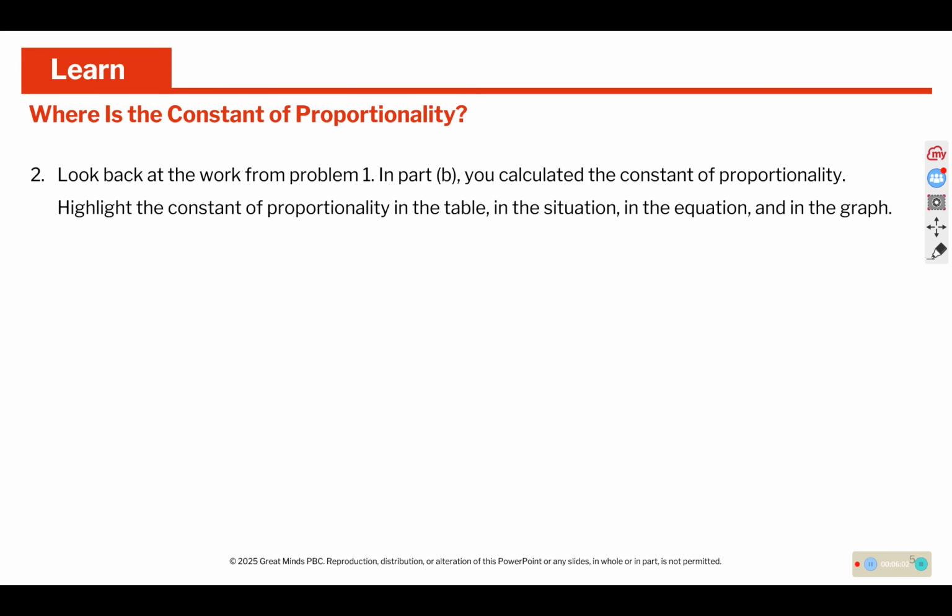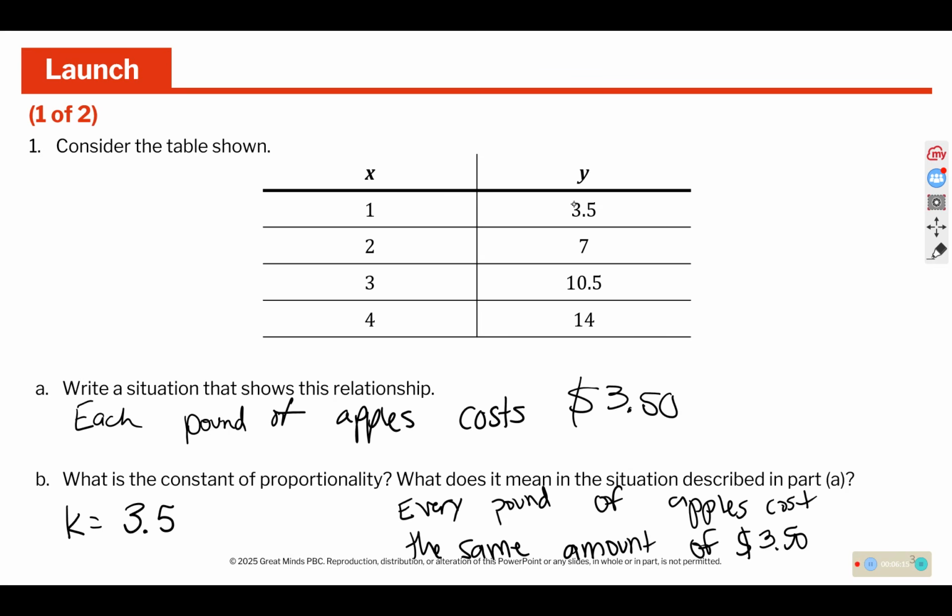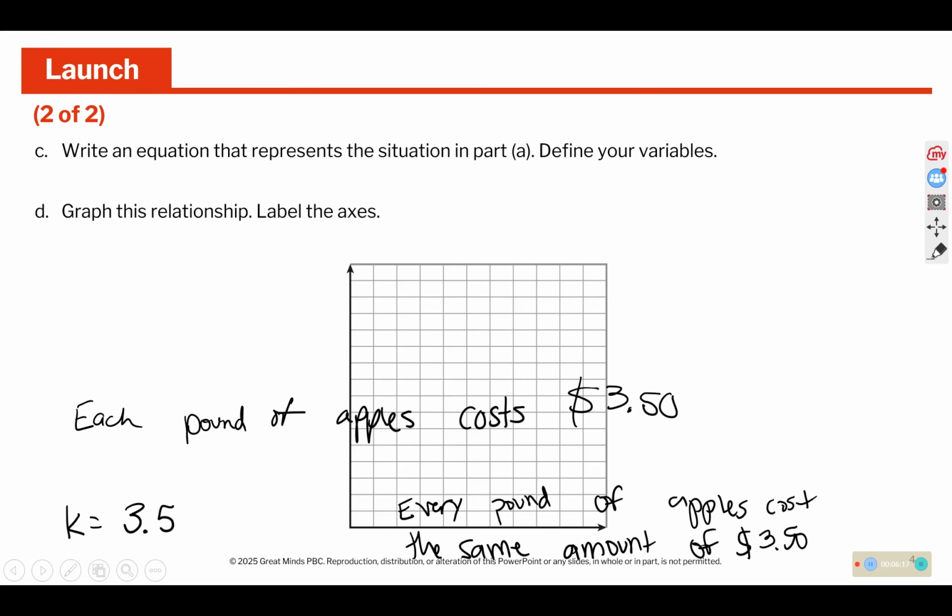2. Look back at the work from problem 1. In part B, you calculated the constant of proportionality. Highlight the constant of proportionality in the table, in the situation, in the equation, and in the graph. Here it is in the table.